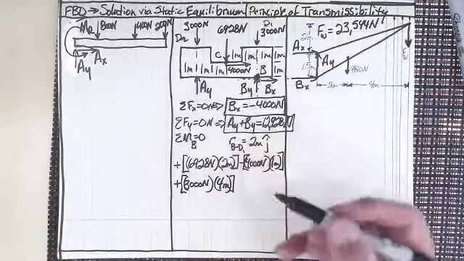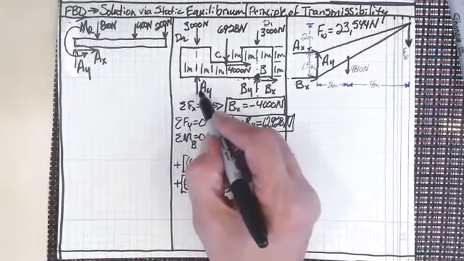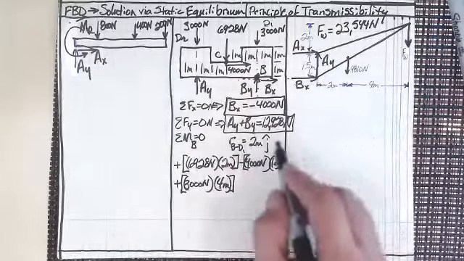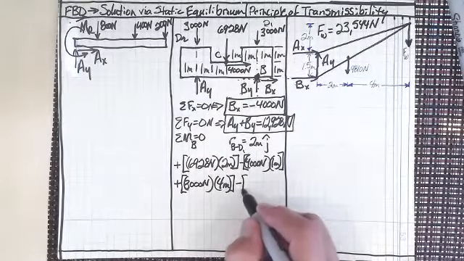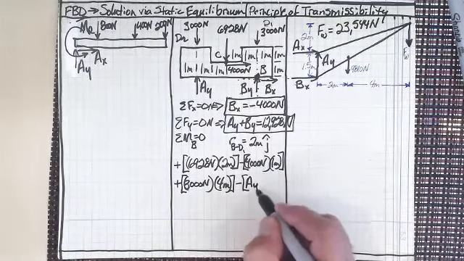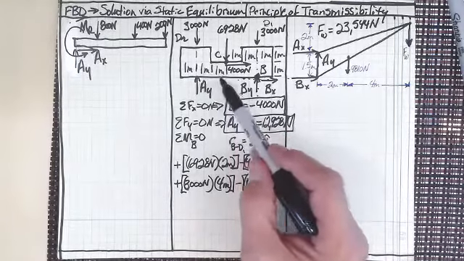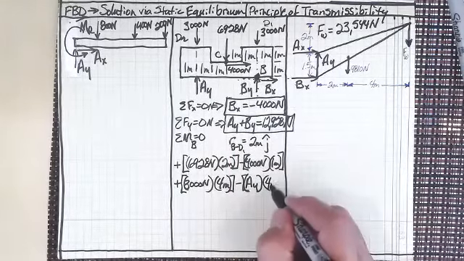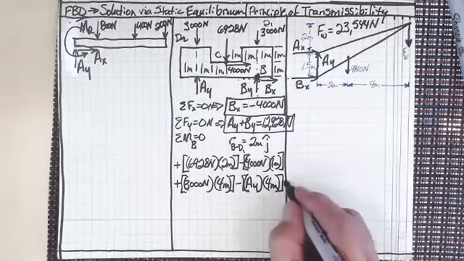Yeah, we've got A sub y, don't we? A sub y, now that's going to be tending to cause it to go clockwise. So it would be minus A sub y times 1, 2, 3, 4 meters. And we know that that all equals 0.